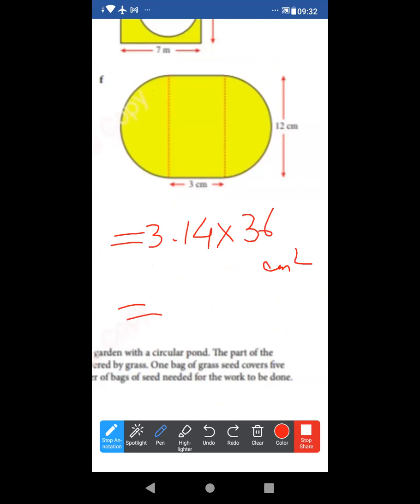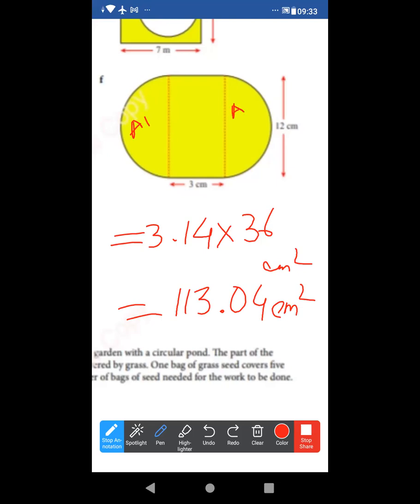Just do the calculation with normal multiplication. And the answer is coming 113.04 centimeter square. Done. A1 and A3 done, right?